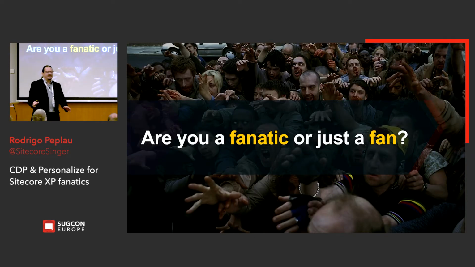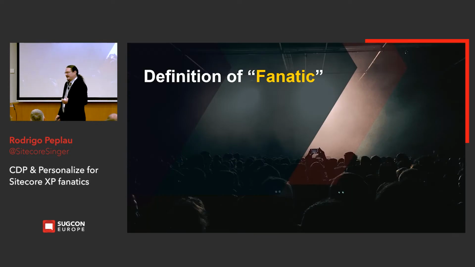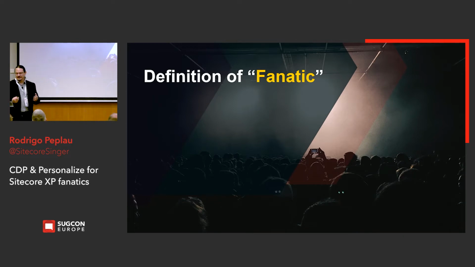So before starting, I would like to ask: are you a fanatic or just a fan? Let's have a look at the semantics. A fanatic is a person who has excessive and single-minded zeal for something.